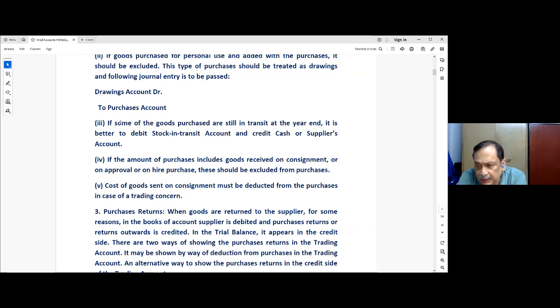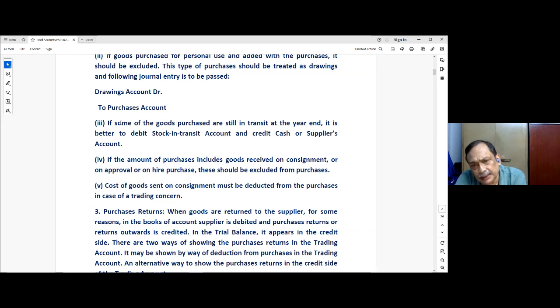Now, what is hire purchase? Hire purchase is nothing but where there will be an agreement between the seller and the buyer, whereby the buyer has to pay a certain amount as down payment, and the total amount after deducting the down payment will be paid by the buyer in certain installments, and until and unless the last installment is paid, the possession of the goods or ownership of the goods will not be passed from the seller to the buyer.